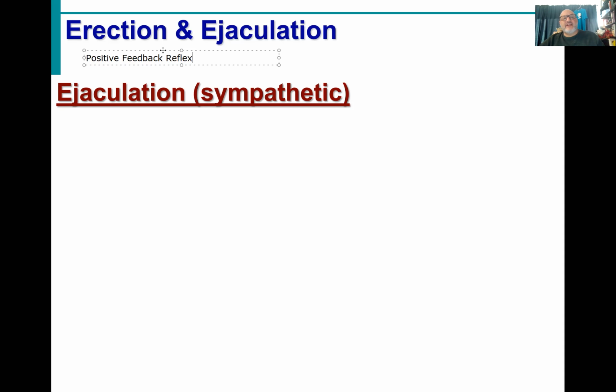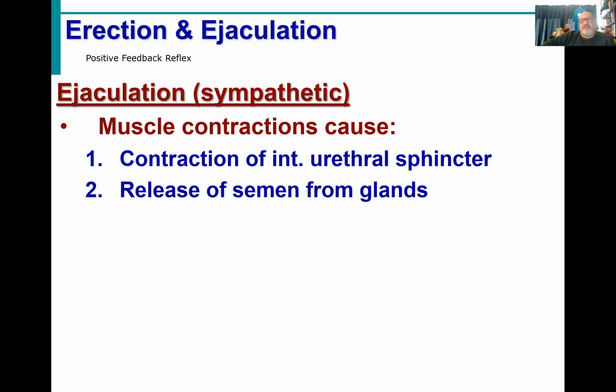So, like I said, ejaculation is a sympathetic positive feedback reflex, where that arousal increases the sympathetic stimulation, which causes more arousal, more stimulation, and more until eventually some critical point is reached. And once that critical point is reached, we have two main events that are going to occur: smooth muscle contractions, glandular secretions.